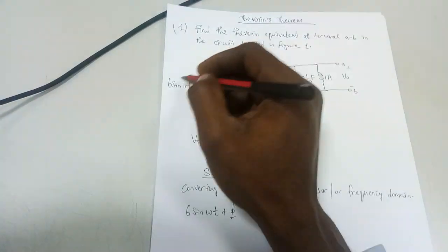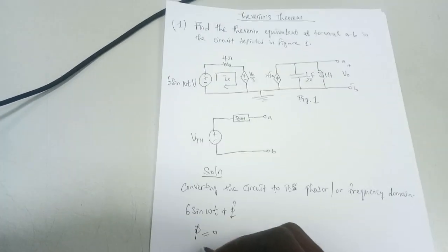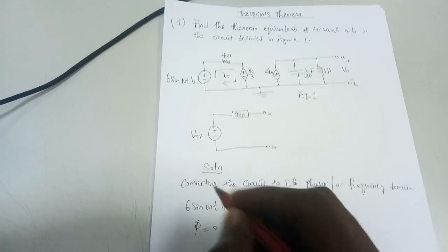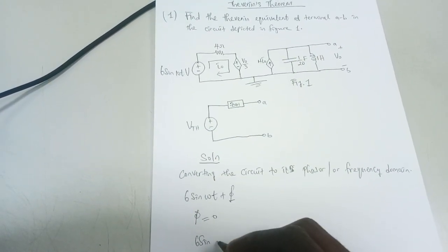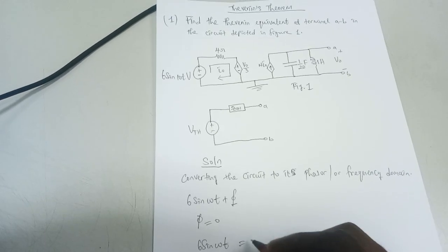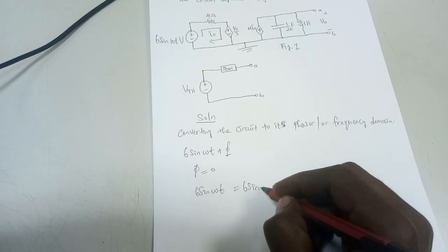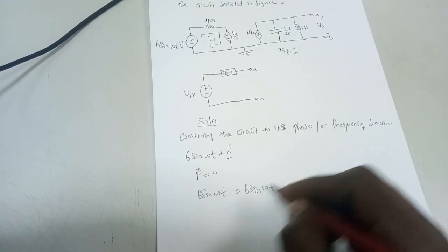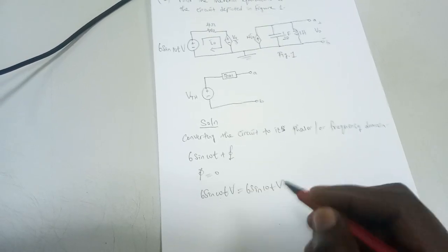But when you look at this signal, the phase difference phi is equal to 0. Comparing this signal with the standard form, 6 sine omega t equals 6 sine 10 t, all of this in volts. This tells us that omega is equal to 10.